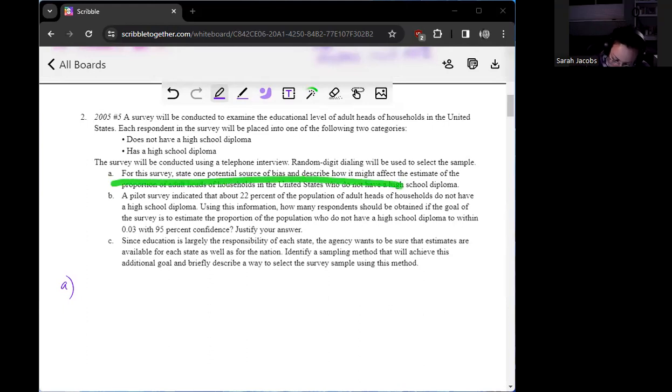So one potential source of bias, you could get non-response bias.